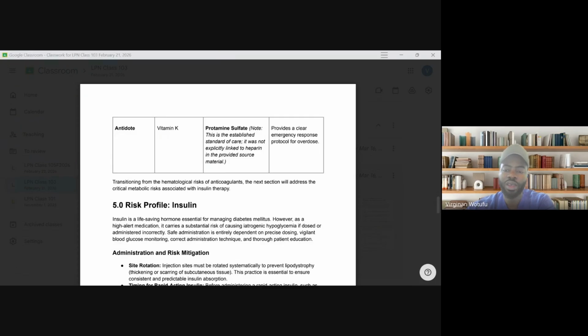Fast-acting insulin like Lispro is supposed to be administered alongside food, right? To avoid hypoglycemia.